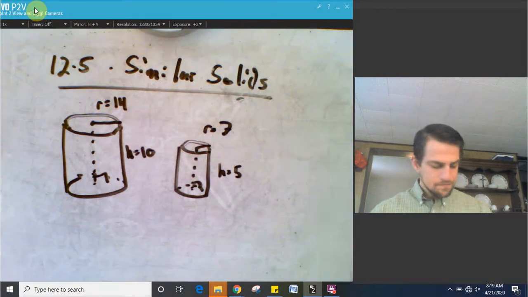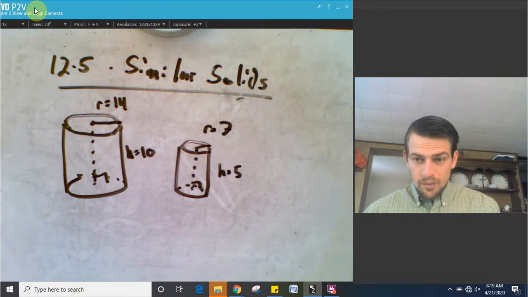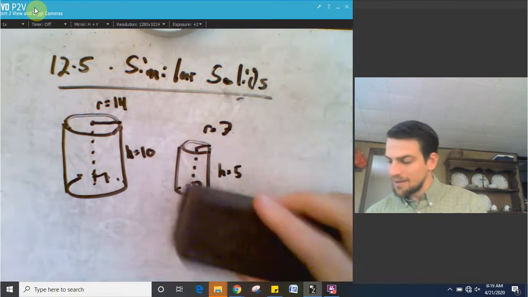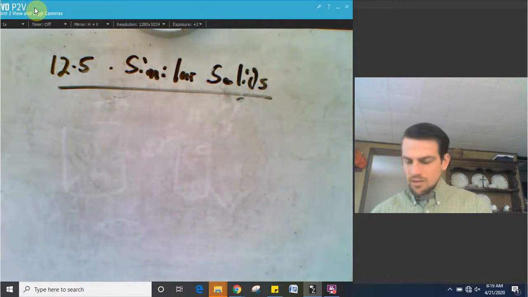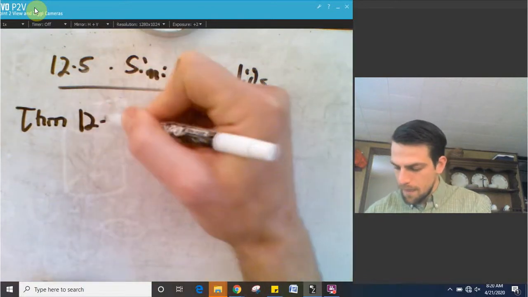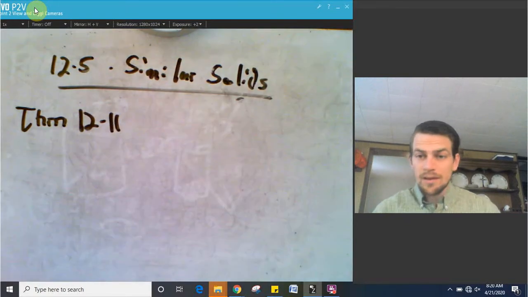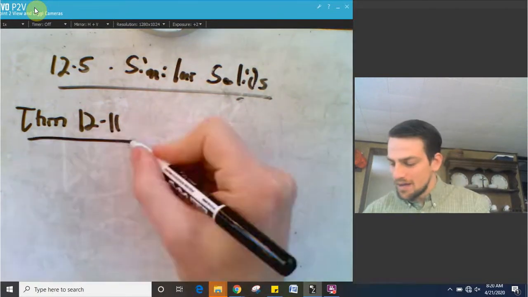Okay, so let me just go ahead and give you theorem 12-11 then, because that's where the meat of this section is going to be. And this is going to look similar to another theorem that we've had from our last section.